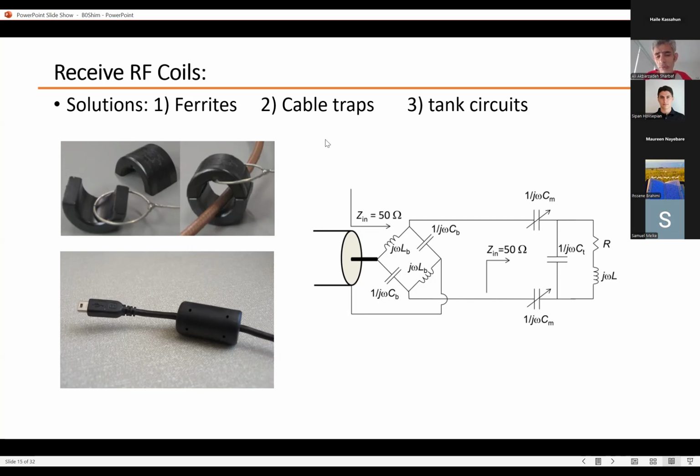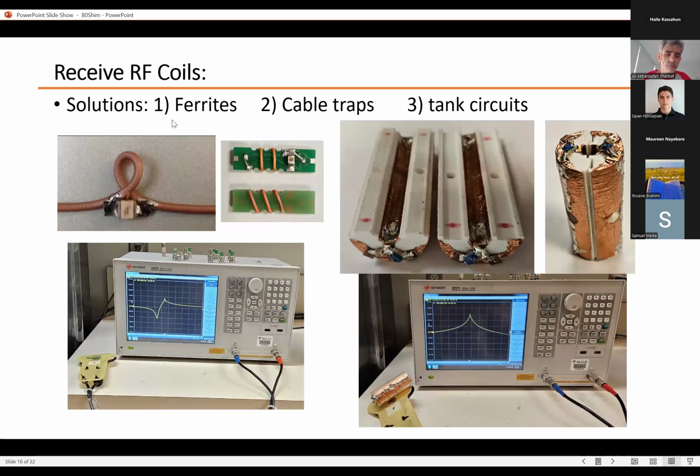We have different types of cable traps here. This one is actually the coaxial cable with a capacitor soldered to the outer shield. Here we have the same thing, but as a different module.